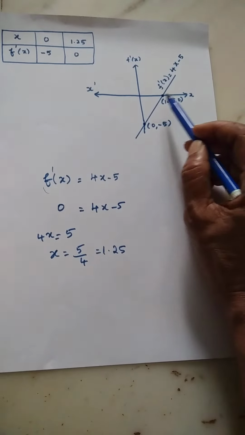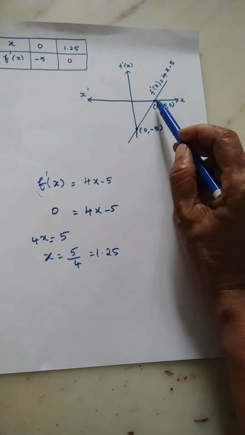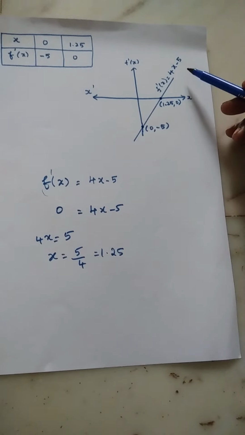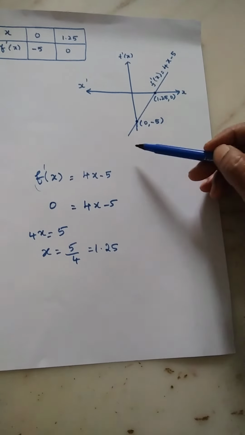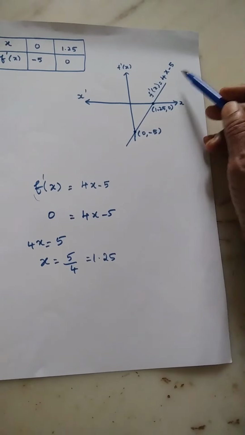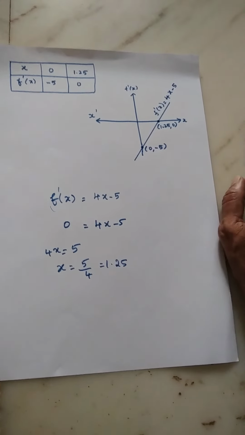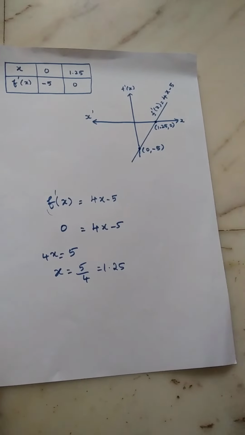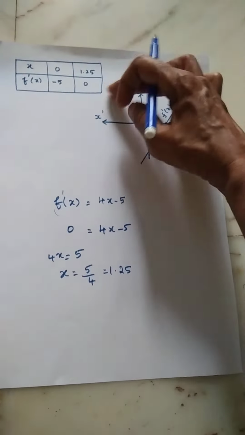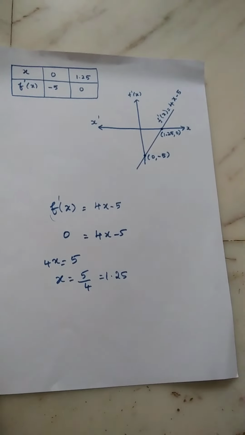Then 1.25: on the x-axis 1.25, and 0. So these are the 2 points. Joining, you get the straight line. So this is the graph of f dash of x is equal to 4x minus 5. I have plotted this calculation for you. So just 2 points are enough to draw the graph.